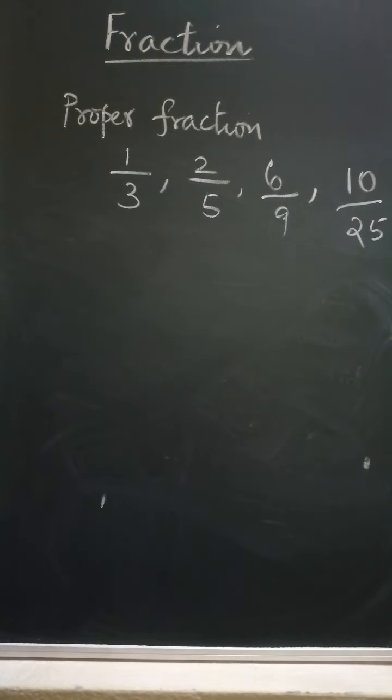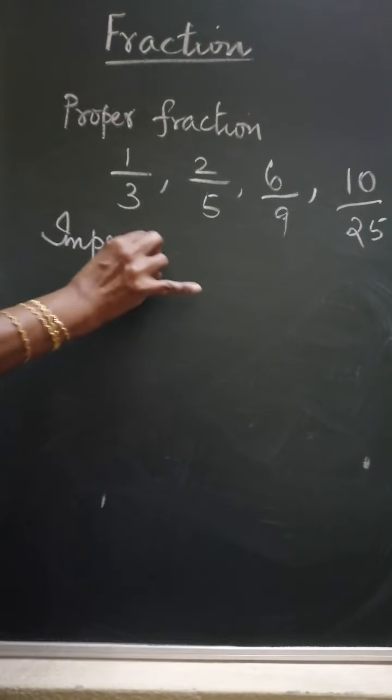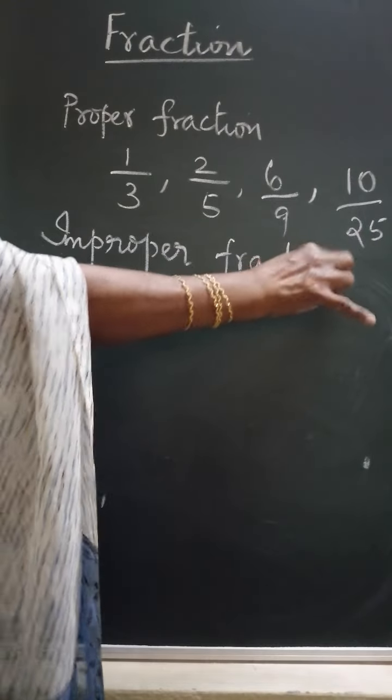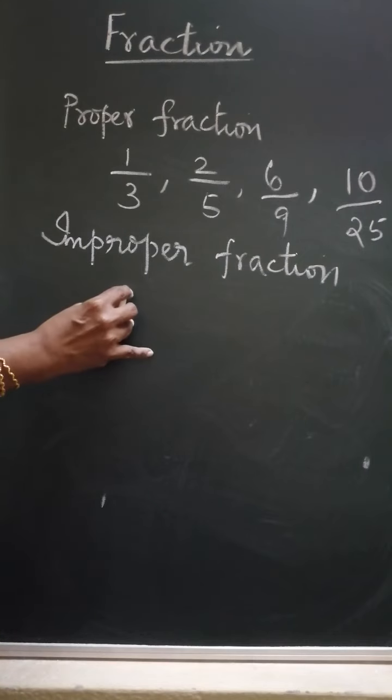This is a proper fraction. Next one is improper fraction. Improper means the numerator is greater than the denominator.